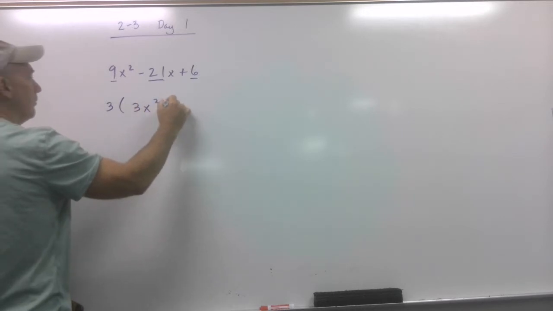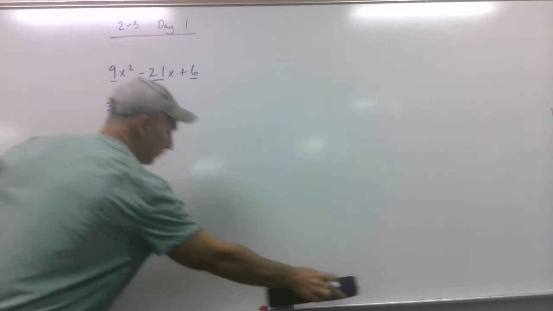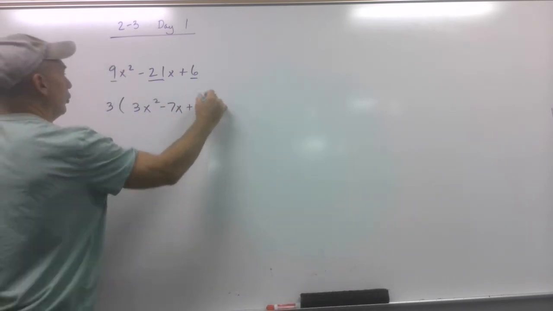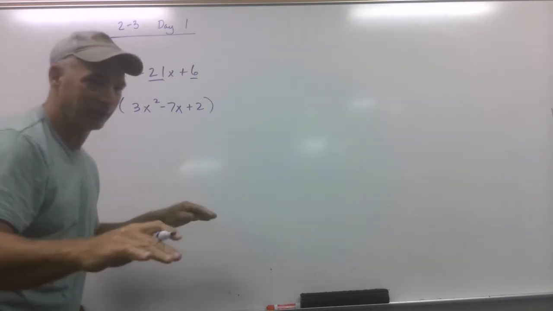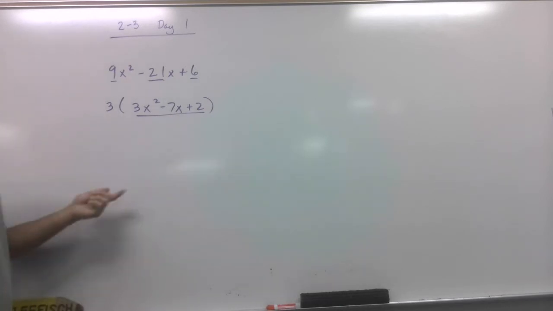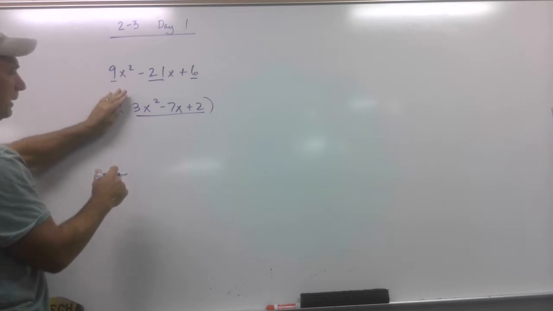3x squared minus 21. Whoa! Minus 7x plus 2. And now, I'm not going to waste video time, this is just the same trinomial as the previous sample problem. So then you would ignore this for a bit.